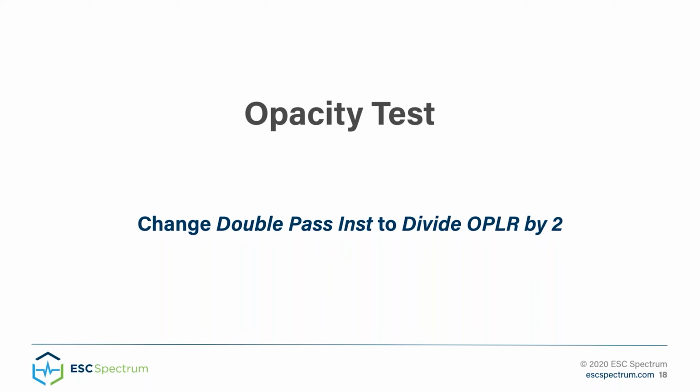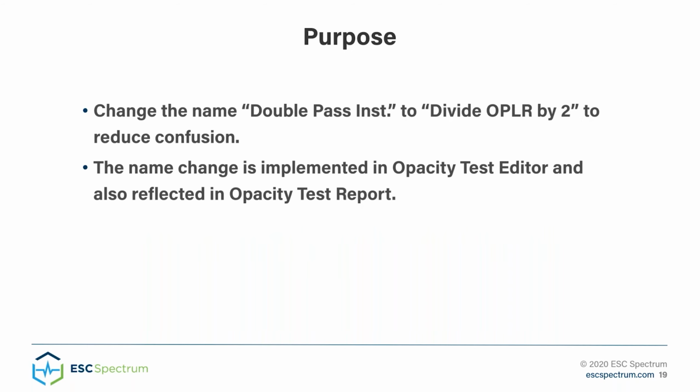Opacity test: change double passed ints to divide OPLR by 2. This change was done because some sites have double pass ints but don't utilize the new checkbox. Renaming the checkbox to divide OPLR by half will hopefully reduce confusion on reports.